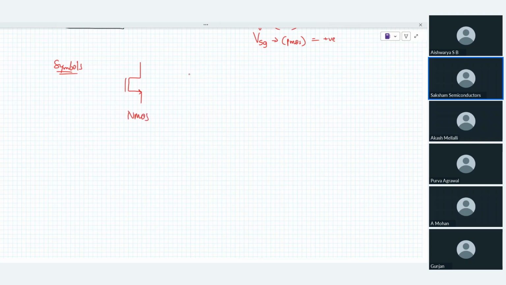This is of NMOS, and then I have another one just like this. Both are NMOS. And if I go with a PMOS, the arrow mark changes, and usually in digital systems we go with this bubble logic. So normally, the more effective symbol is this one.